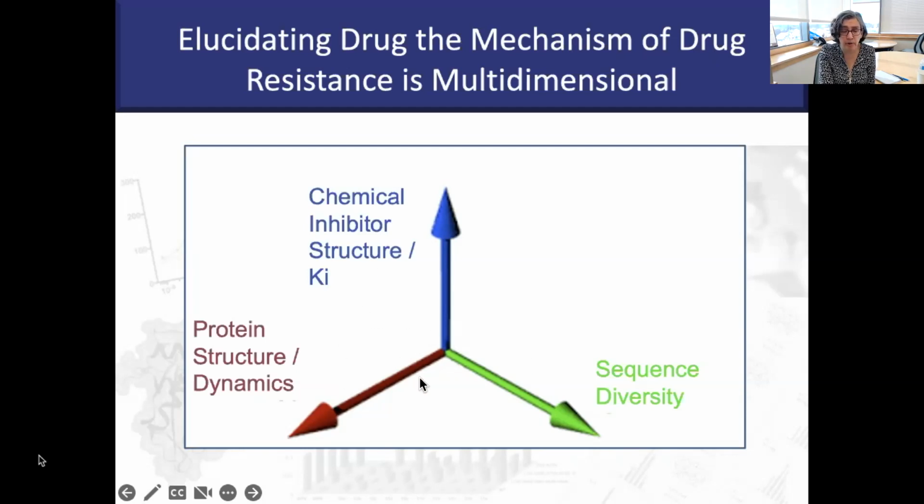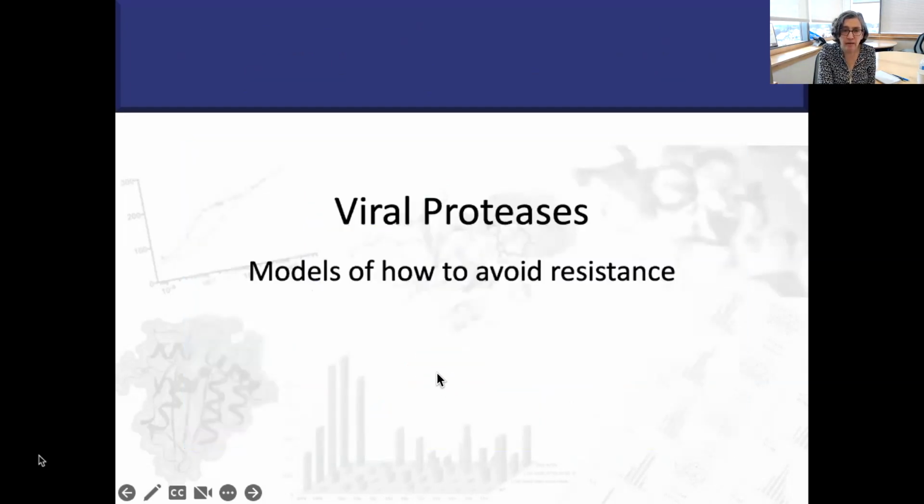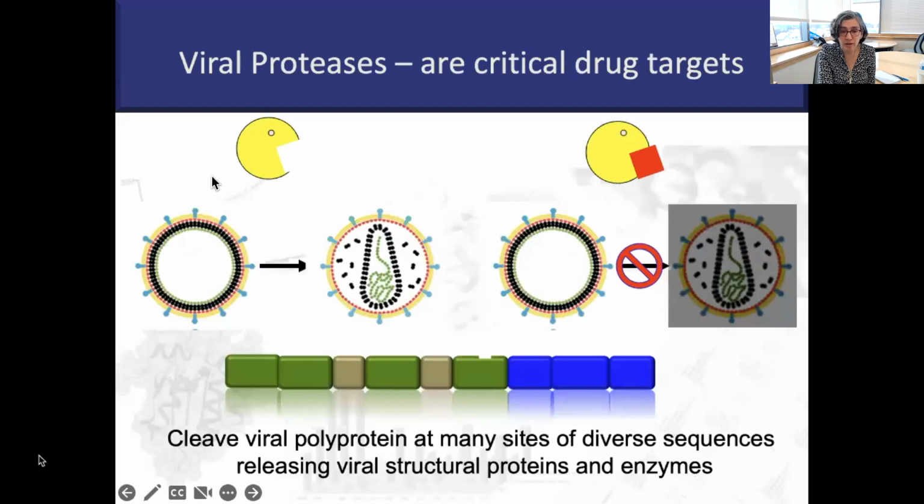But my lab works in all of these dimensions, and the viral proteases turn out to be really good model systems for thinking about avoiding resistance, because as in this schematic of originally HIV, the viral protease is responsible for cutting a series of sites within the viral polyprotein and allowing viral maturation.